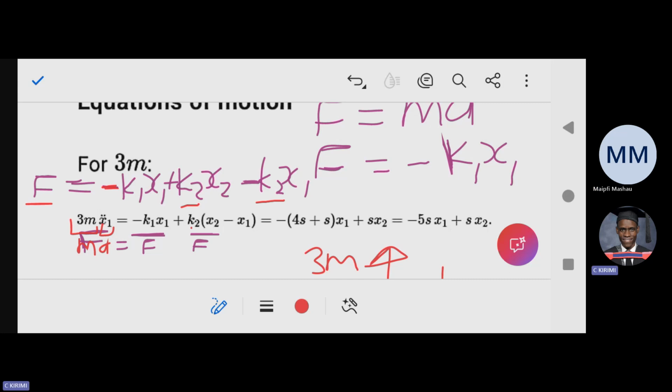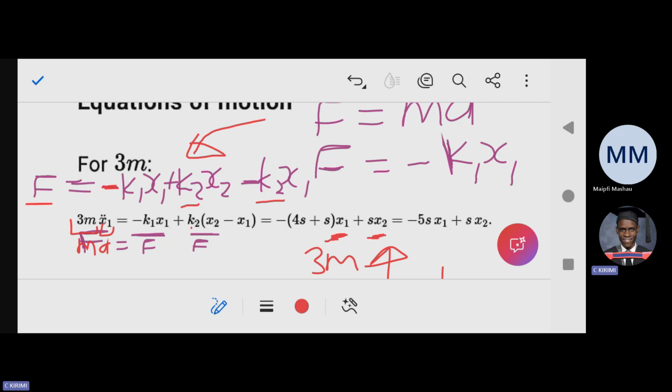They just rearranged it: all terms having x1 you group together, and all terms having x2 stand alone. You break down this bracket, then come back to the original, group the bracket and take the negative outside.